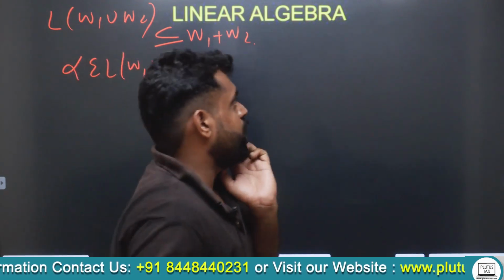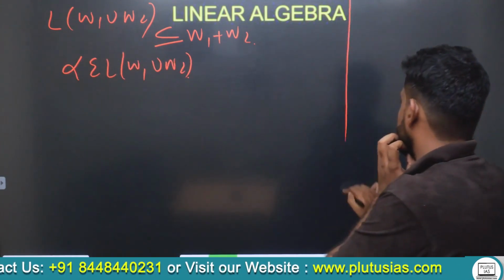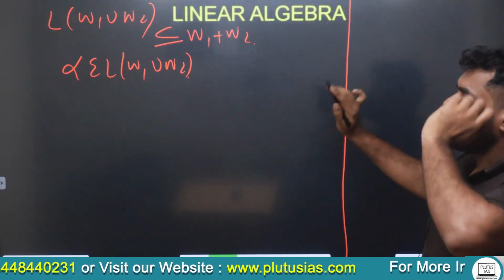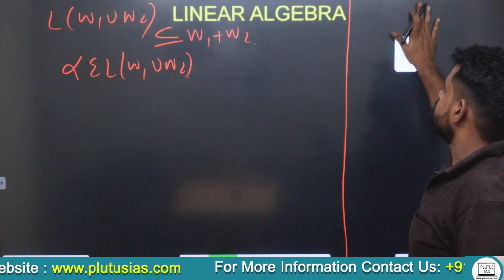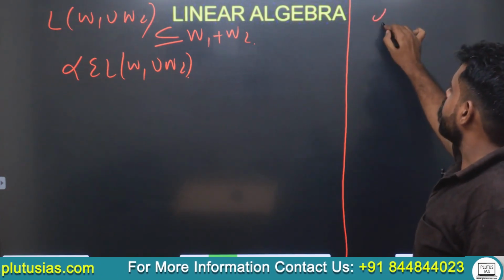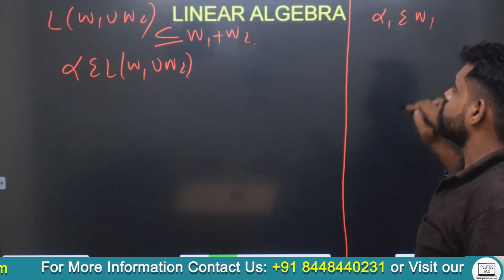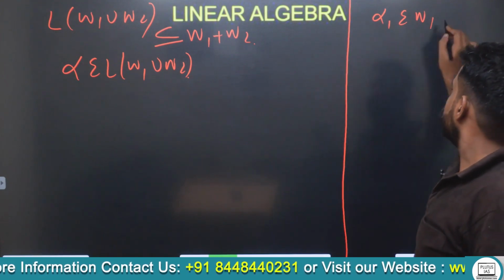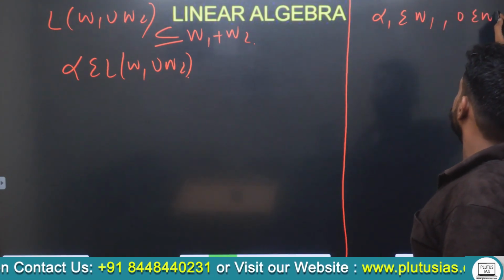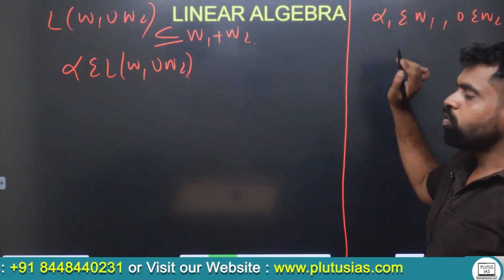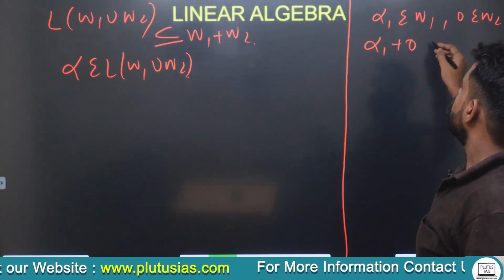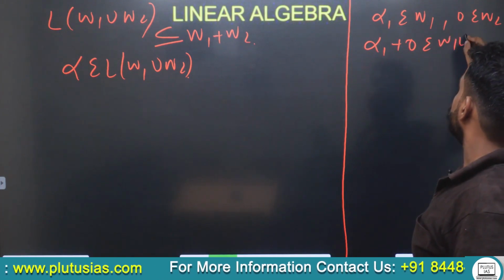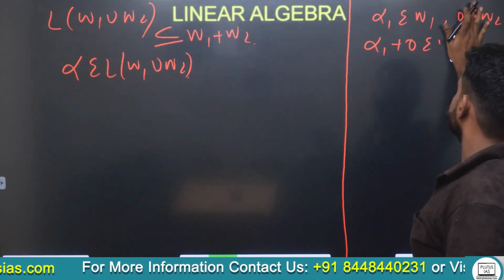Okay, I am giving you a hint here. Okay, what do we do? We take alpha 1 belongs to W1 and 0 belongs to W2. ठीक है? So can we say that alpha 1 plus 0 belongs to W1 plus W2?